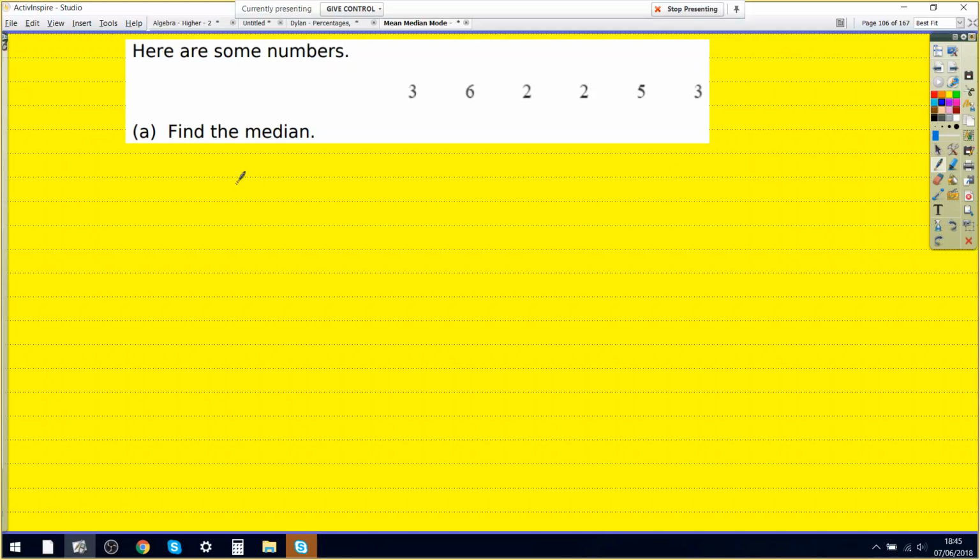Okay, the median for this one. So 2, 2, 3, 3, 5, 6. We have a problem. We've got 2 numbers in the middle. Well, we've got 3 and 3. What will be the median there? 3 and 3, so it's basically just 3.